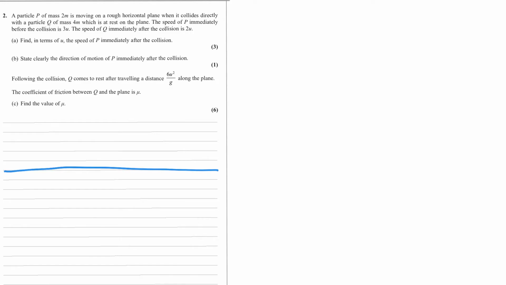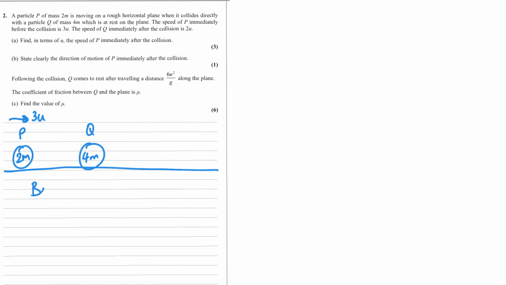So we have a particle P of mass 2m, and it's moving on a rough horizontal plane, and it collides directly with a particle Q of mass 4m. So there's my Q, there's my P. Just before the collision, P was moving at 3u speed, and Q is at rest.